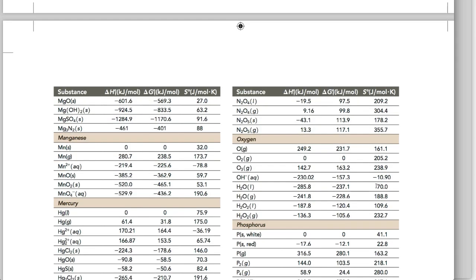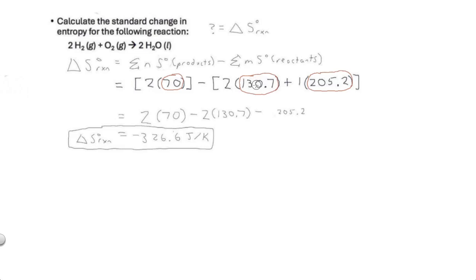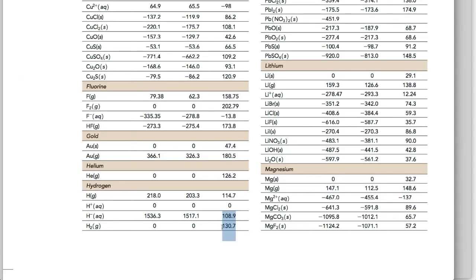By the way, notice that the units for this number are joules per mole per Kelvin. This number, 130.7, refers to the standard entropy level for the H2 gas. Here's where we find the 130.7 joules per mole per Kelvin for the H2 gas.